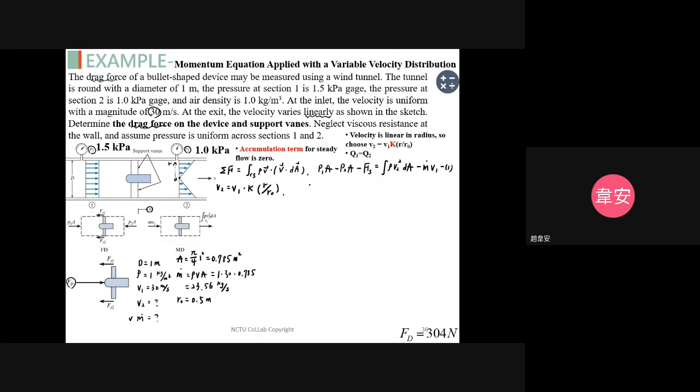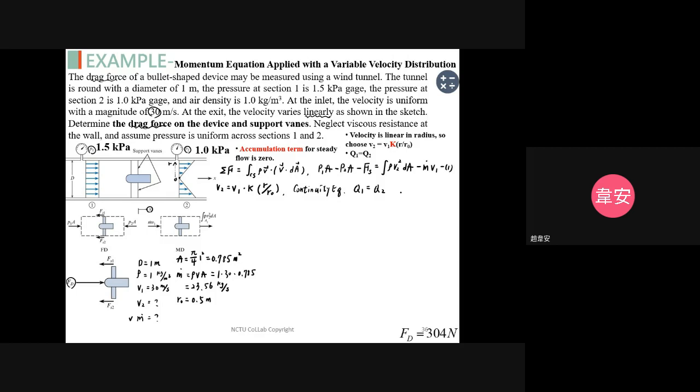Then based on the continuity equation, we know that mass flow 1 is equal to mass flow 2. Assuming incompressible flow, Q1 is equal to Q2, right?